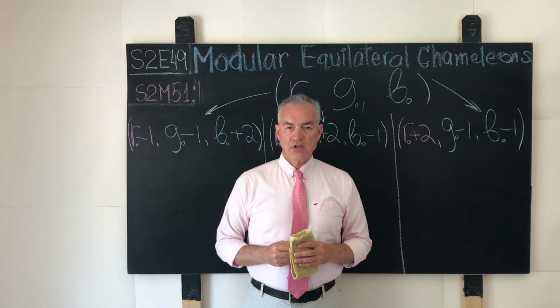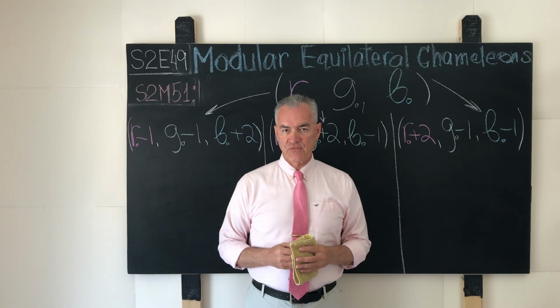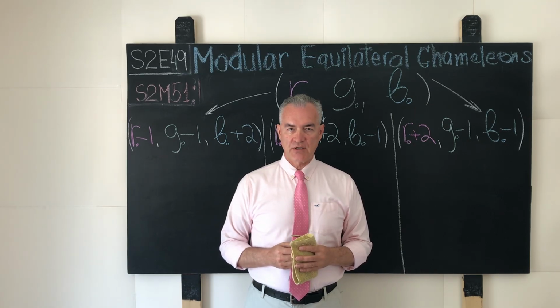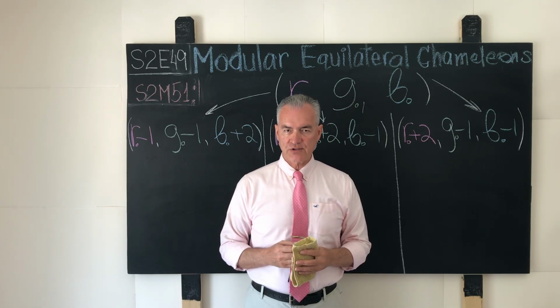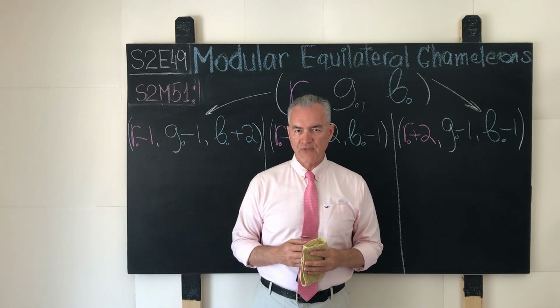Using the reinterpret and conquer problem-solving approach, we realize that algebraically this problem may not be as much about chameleons changing colors, but about manipulation of ordered triplets of whole numbers.